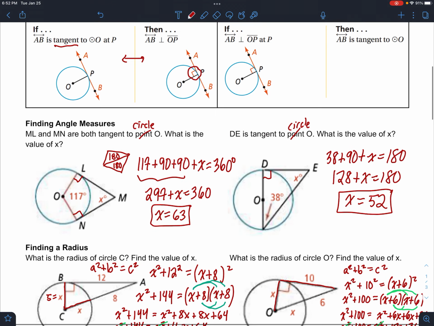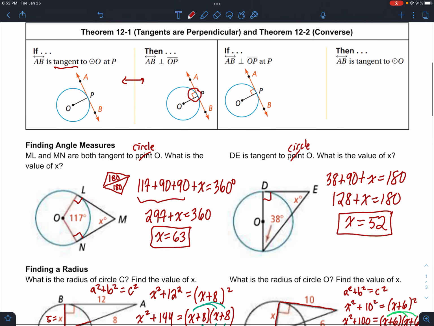All right, so that's all just using these first 2 theorems. Basically just saying that a tangent is 90 degrees, and if you have something that is 90 degrees, that's a tangent. Okay, that's what converse means, is going the opposite direction. So taking this and going this way, assuming the last one and proving the first one.